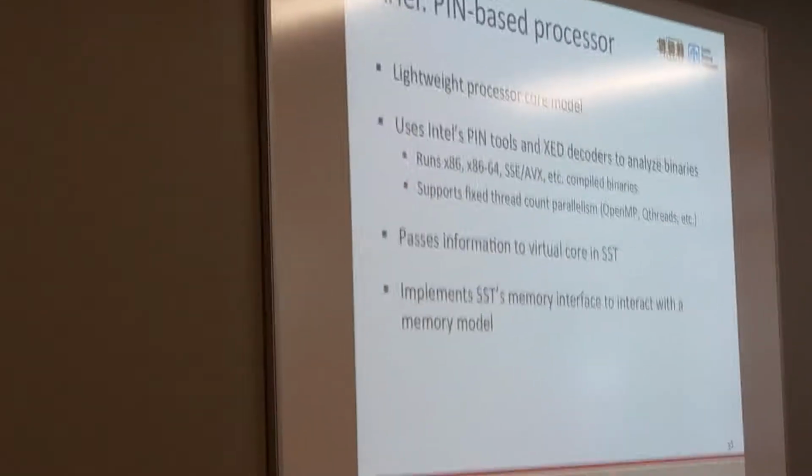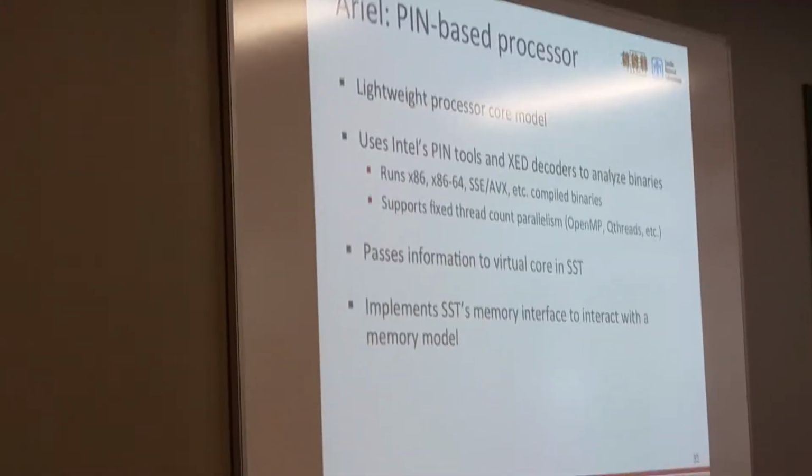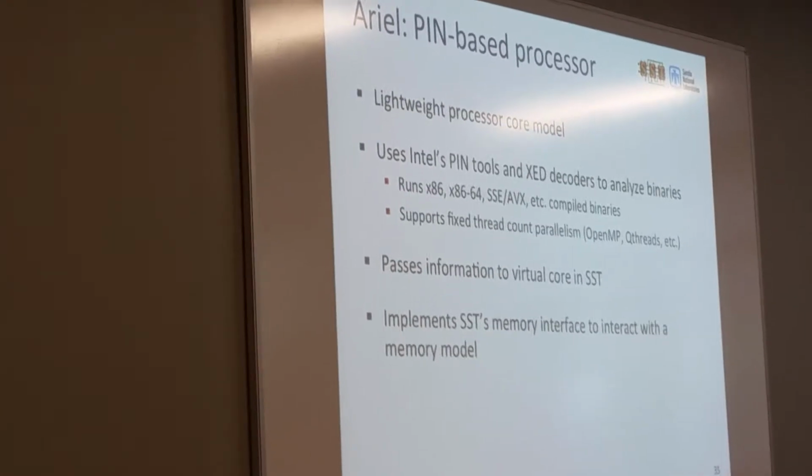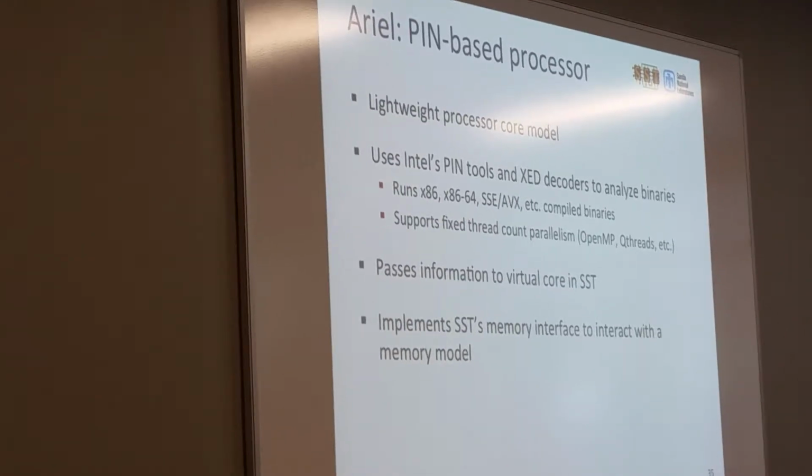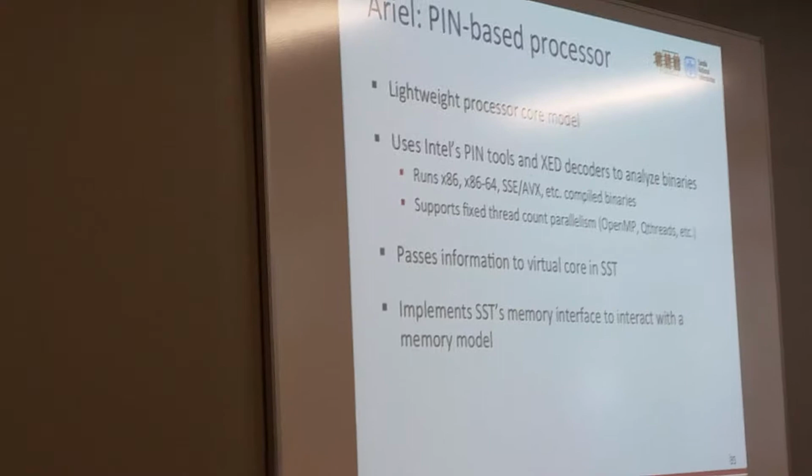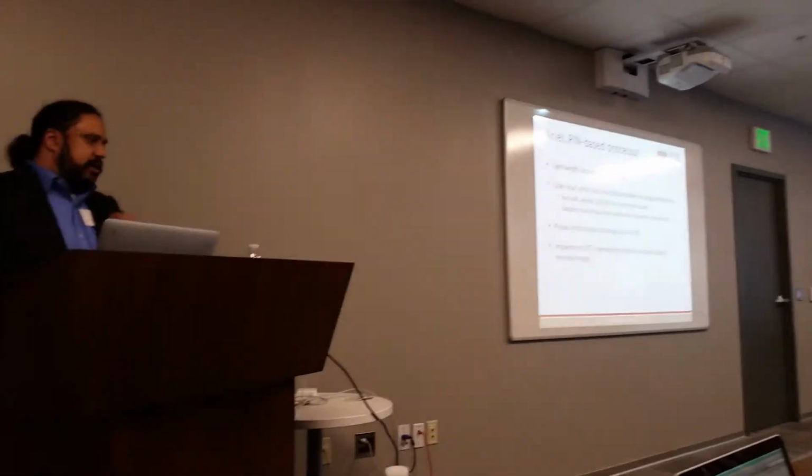So what it does is the application runs externally, pin attaches to it, instruments the binary, and then passes information to a virtual core within SST. And it implements SST's memory interface in order to connect to the rest of the memory models, which we'll be hearing more about later.